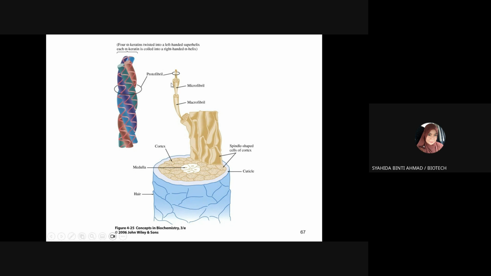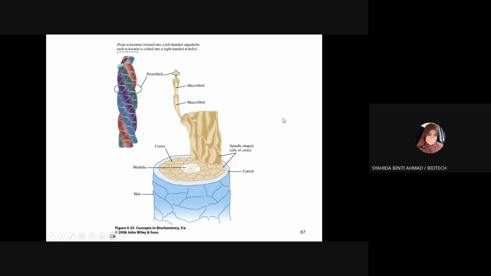When they are combined together, they become a microfibril, and then a macrofibril. Later, it becomes a very big spindle-shaped cell cortex. That's why a single hair becomes very rigid, although it's only alpha keratin.